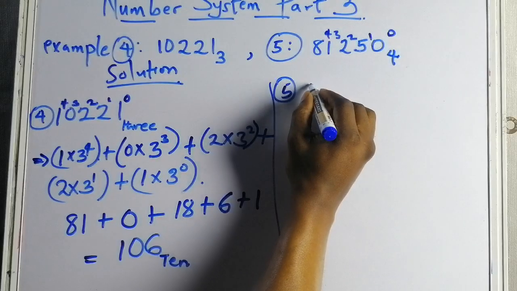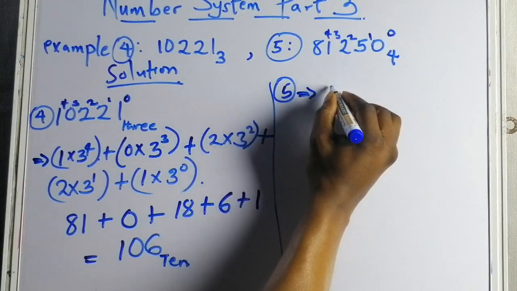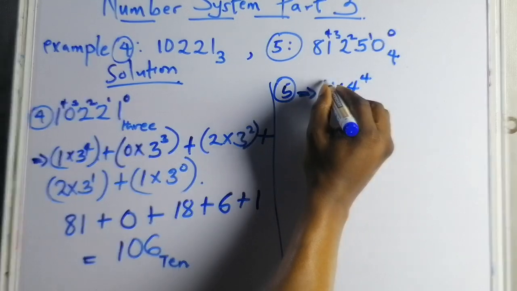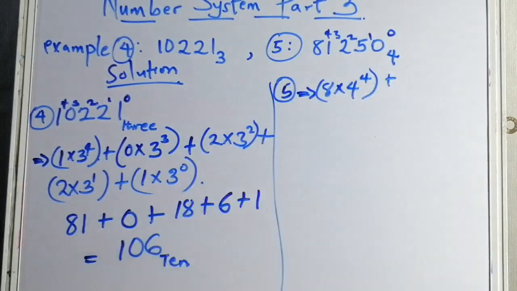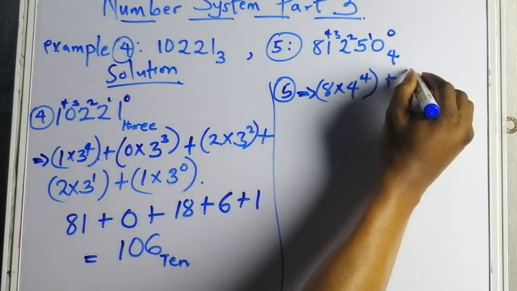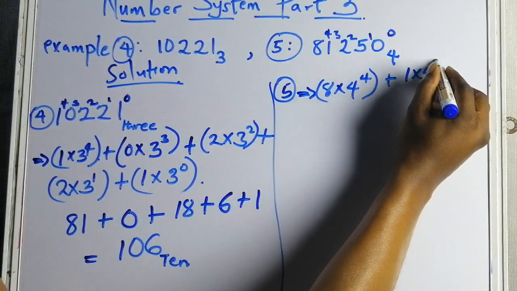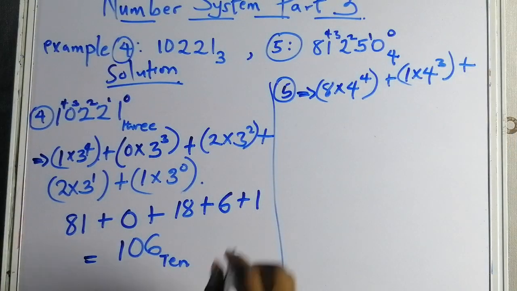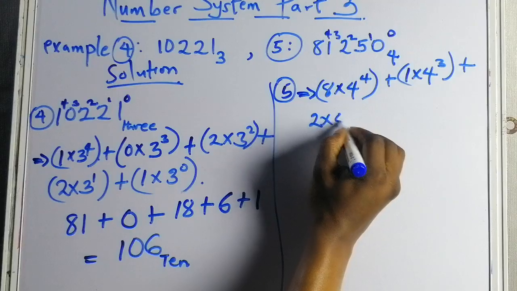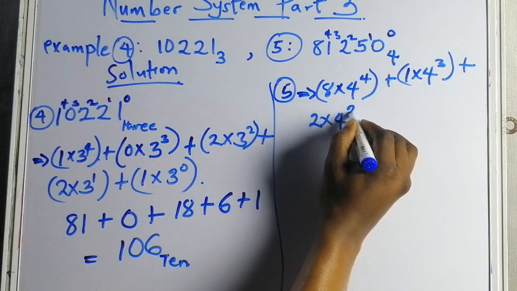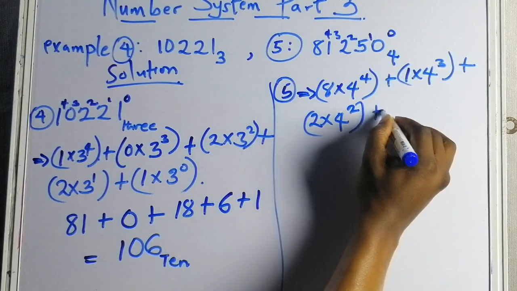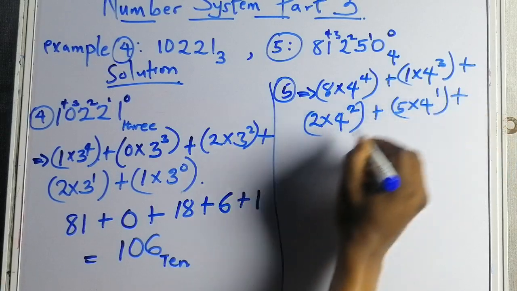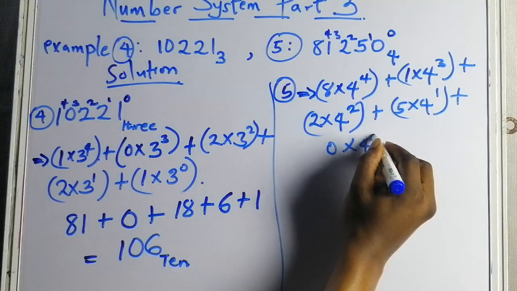So this is the same thing as saying that you have 8 times 4 raised to power 4, plus 1 times 4 raised to power 3, plus 2 times 4 raised to power 2, plus 5 times 4 raised to power 1, plus 0 times 4 raised to power 0.